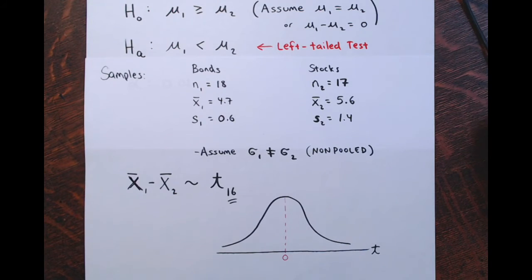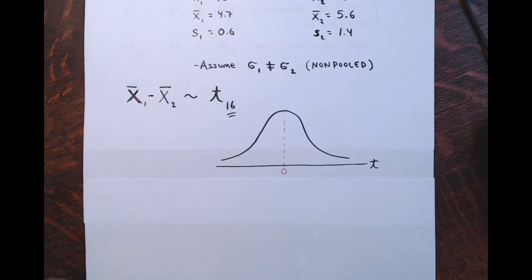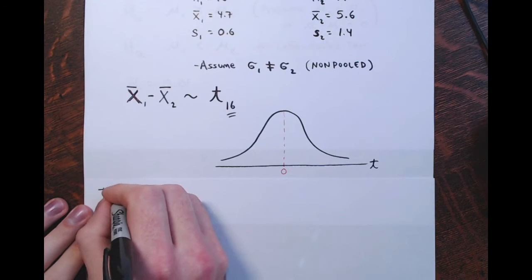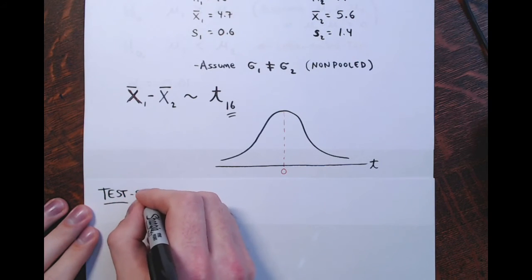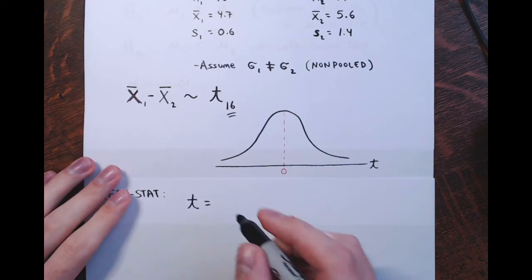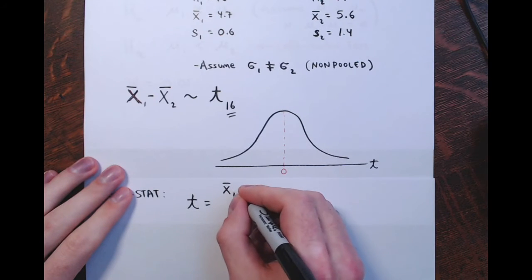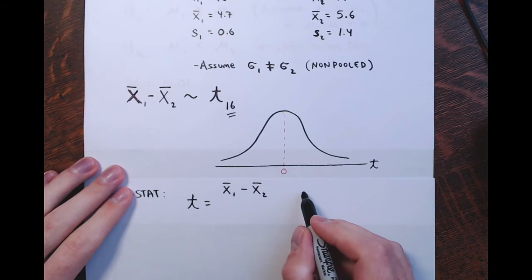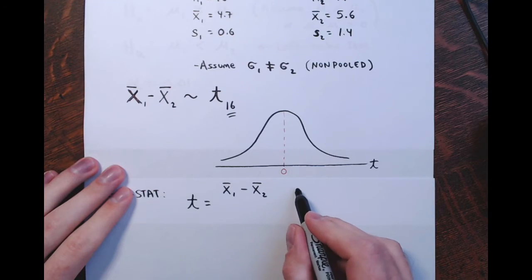Now, if you recall, the way you calculated the test statistic was different, so go back to previous videos or a previous assignment where you were finding the test statistic for a non-pooled scenario and a pooled scenario. I'll refresh your memory for the non-pooled here. The test statistic is the following t-score. We take the difference in our sample means, x1 bar minus x2 bar, and subtract the difference in population means assumed from the null hypothesis, which is 0.